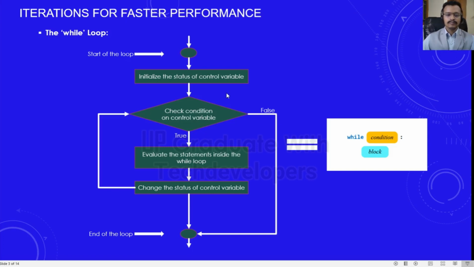And if you look at the flowchart, here you can see that initially we have a condition on the control variable, and before checking the condition on the control variable, we need to initialize the status of the control variable.